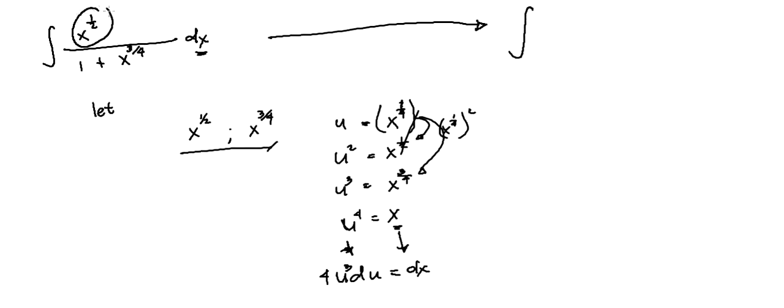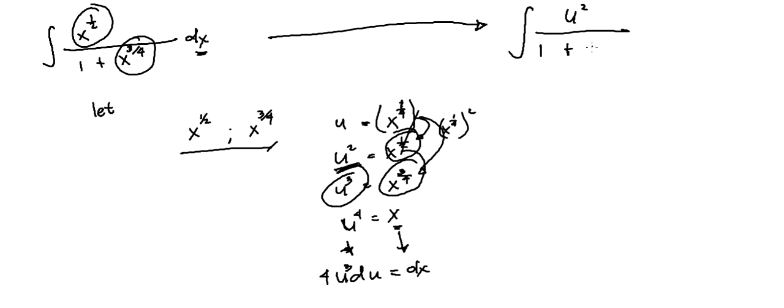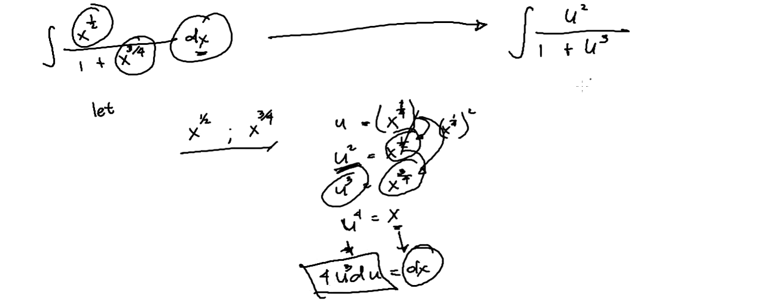So our x to the 1/2 is equal to u squared, all over 1 plus our x raised to 3/4, which is u cubed, and our dx here is equal to 4u cubed du.